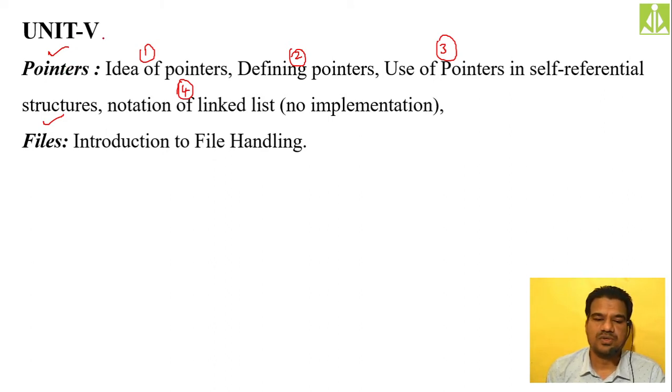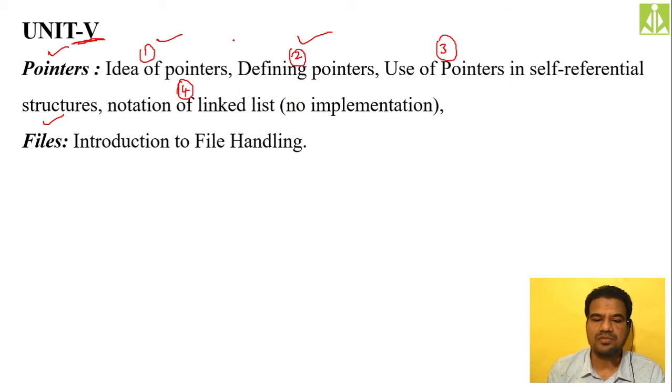In this fifth unit, we'll have the idea of pointers, and we'll discuss how to do the declaration, definition, and initialization of a pointer, and how to use pointers in our programming. And the use of self-referential structures and notation for linked list, this we discuss after completing your fourth unit.